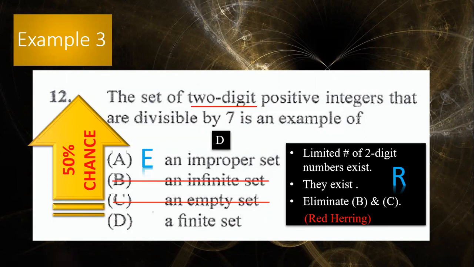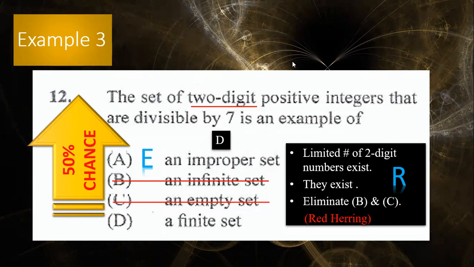So for those of you who want to know what an improper set is, let me just pull it up. All right, so an improper set is a set that contains all the elements of another set.